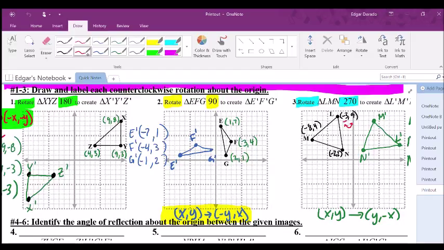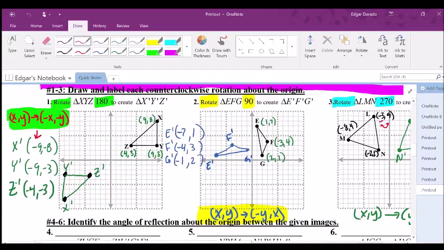Okay. On here, if you guys want to take a look at number 1 once more, this Z value, it rotated a whole 180 degrees. Every single one did. The X did as well. The X rotated 180 degrees, and the Y rotated 180 degrees.